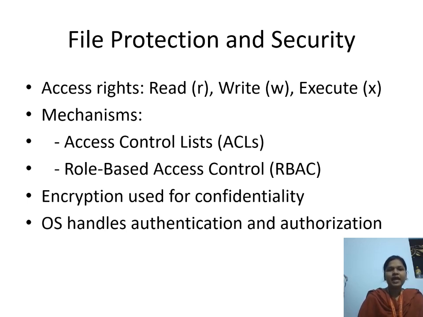Mechanisms include access control lists (ACLs) and role-based access control (RBAC). Encryption is used for confidentiality, and it handles authentication and authorization. The operations we use should be effective and efficient for the file. That is called file protection and security.